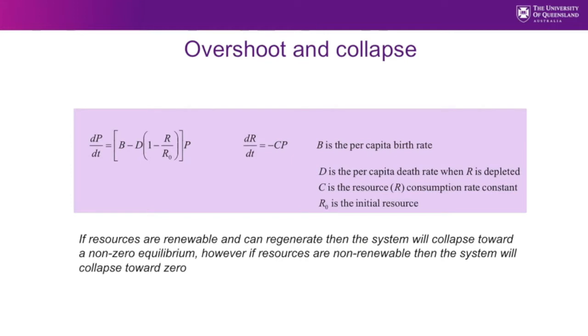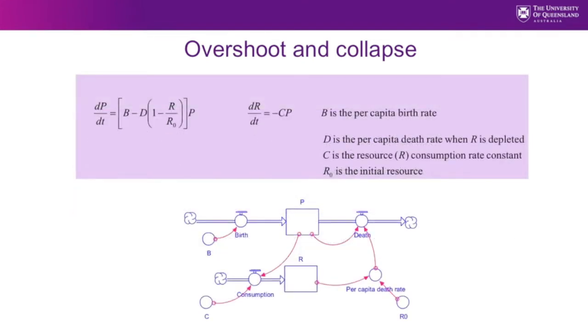So if the resources are renewable and can regenerate, then the system will collapse toward a non-zero equilibrium. However, if resources are non-renewable, then the system will collapse towards zero. So in the example on the problem set, problem number 5 was the people on the island, and it had a similar stock and flow diagram, but differing from this one, it had also something increasing the resource, the second stock, right?